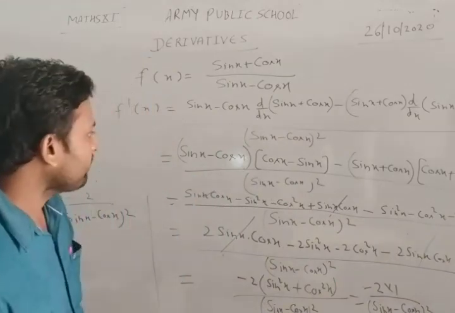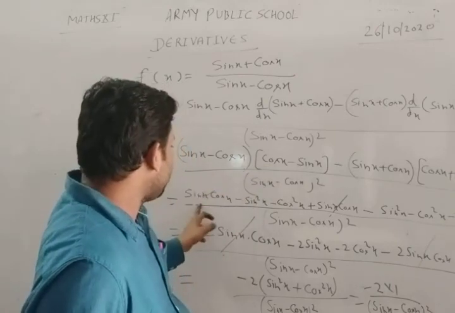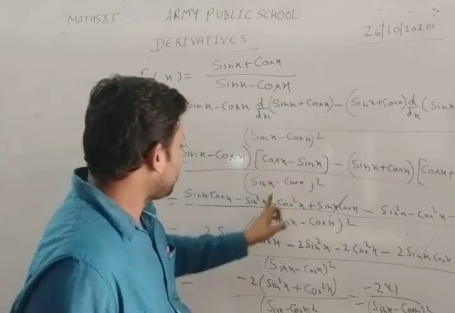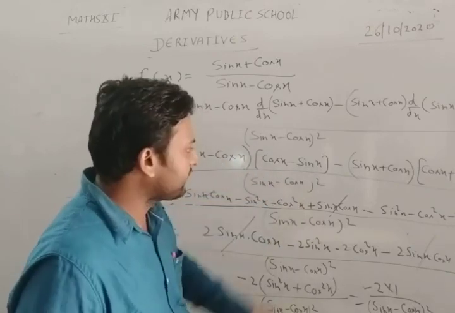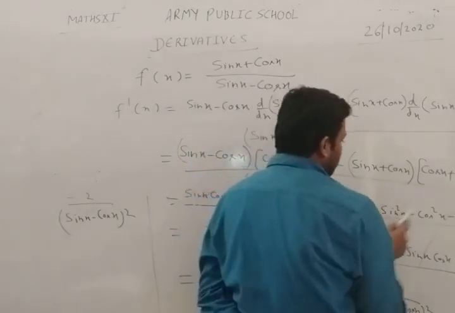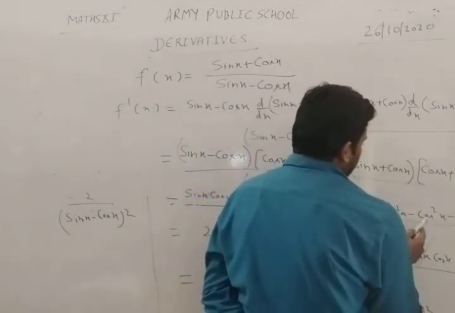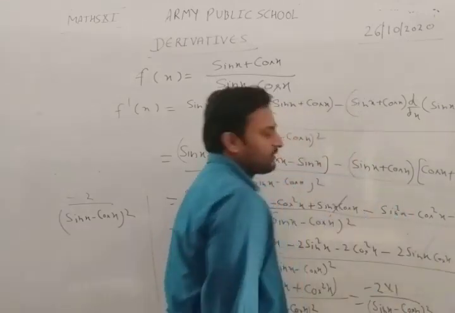Now we will multiply this, so we get sin x cos x, sin square x, cos square x, again plus sin x cos x, and again we multiply here, we get sin square x minus cos square x minus minus, and 2 sin x cos x.